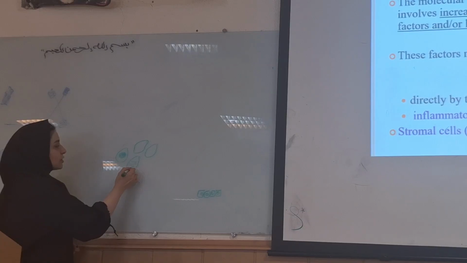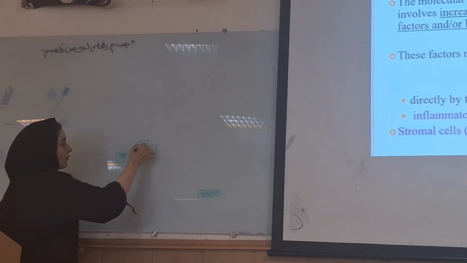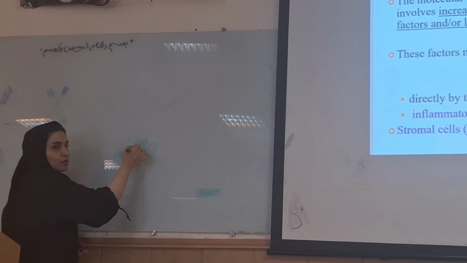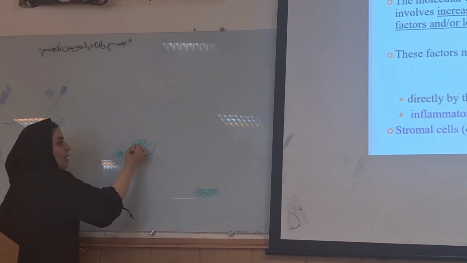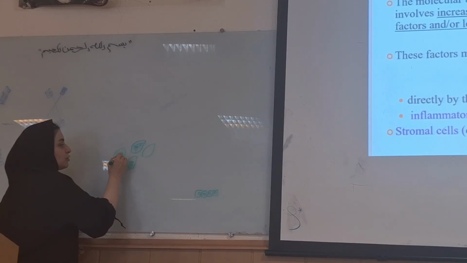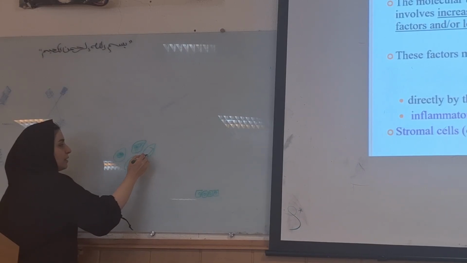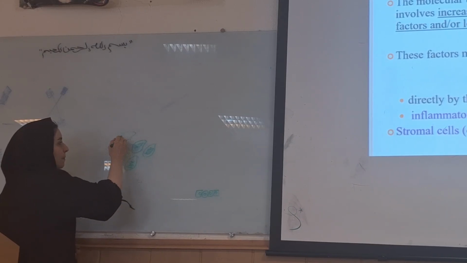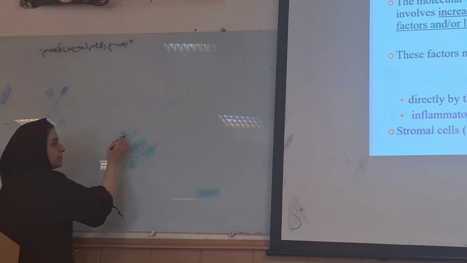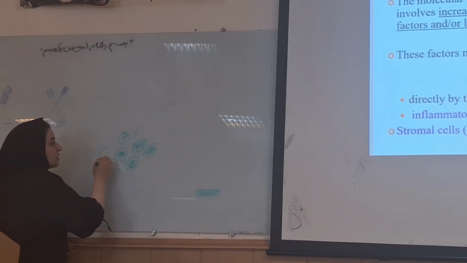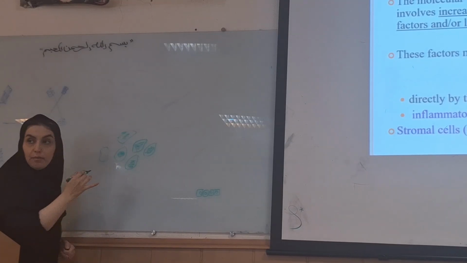But tumoral cells show different shape and size, irregularity in the nuclear border, and sometimes prominent nucleoli. We also have many mitotic figures, and sometimes abnormal mitotic figures.